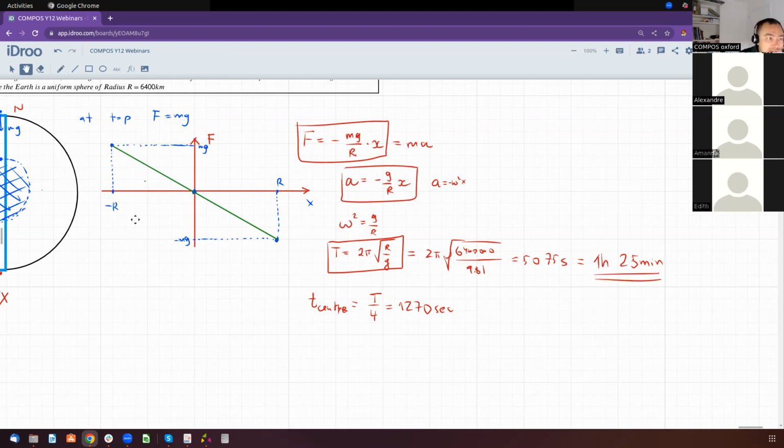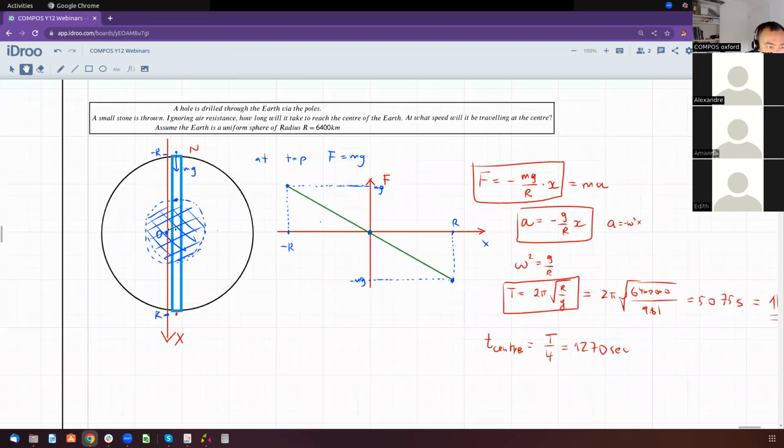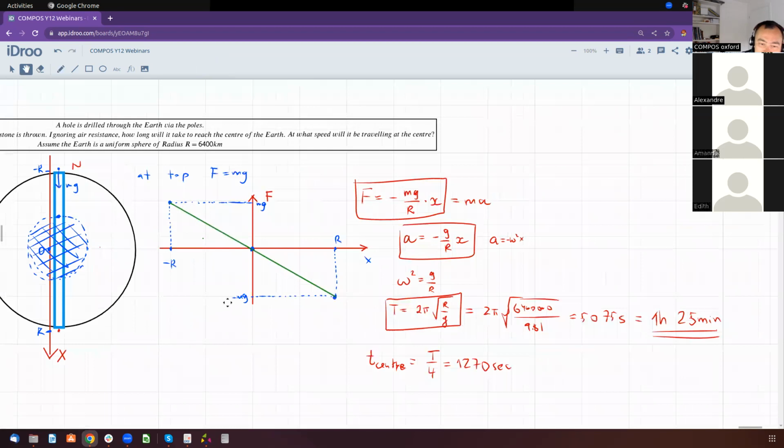So it turns out the stone would fall to the center of the Earth, reach the other end of the planet, and go all the way back in just 1 hour, 25 minutes.